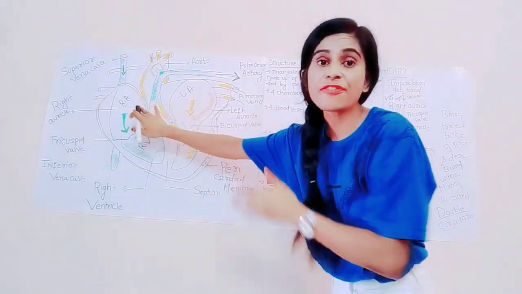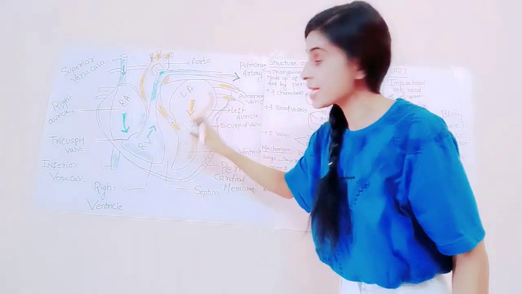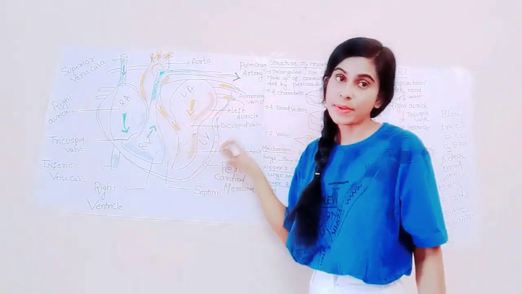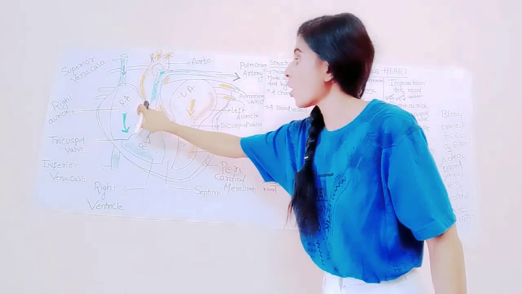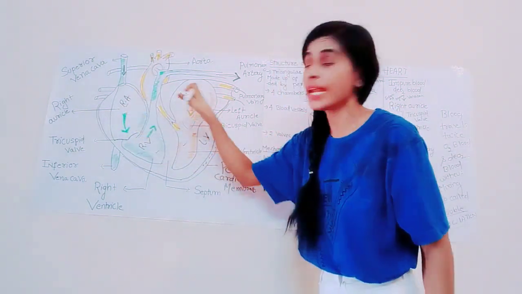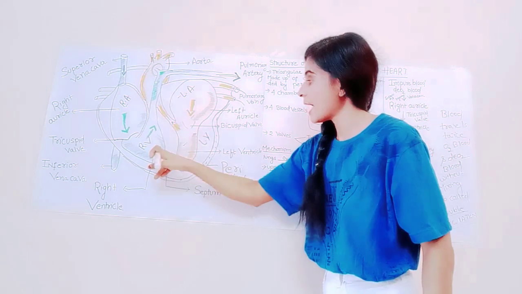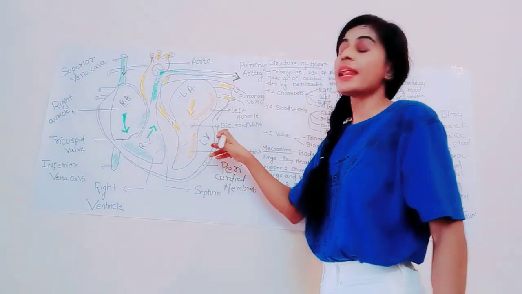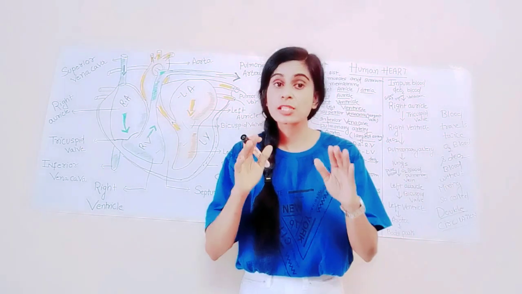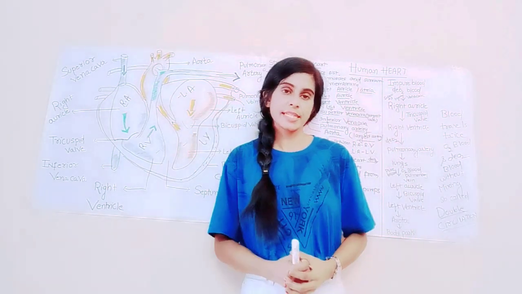These auricles are further divided into 2 chambers and these ventricles are further divided into 2 chambers. So on this side the right auricle and on this side the left auricle, and this one the right ventricle and left ventricle. In the whole, the heart has 4 chambers.